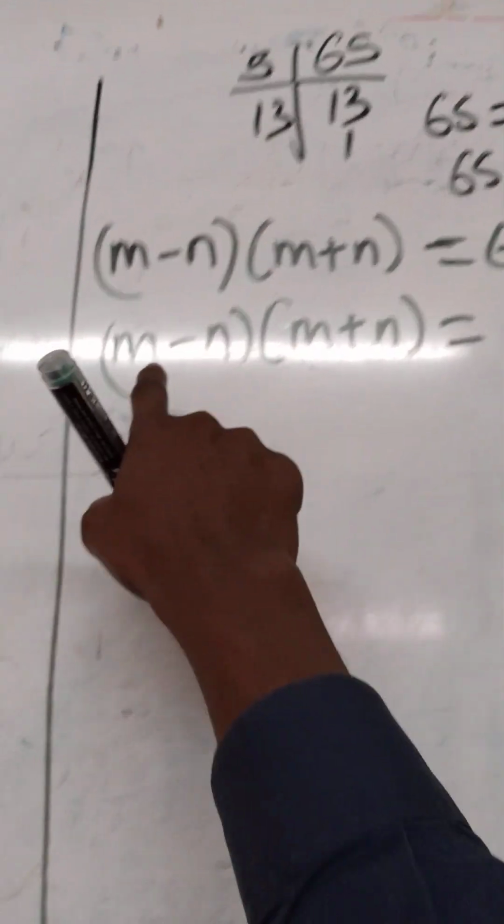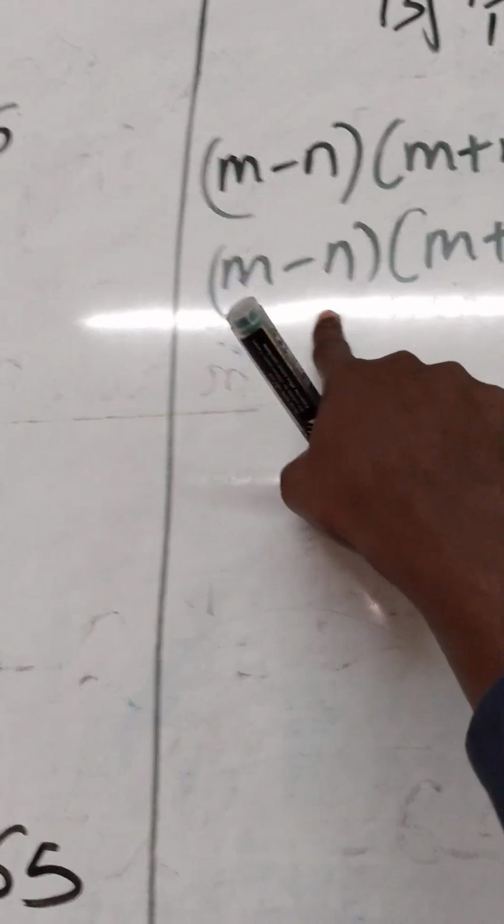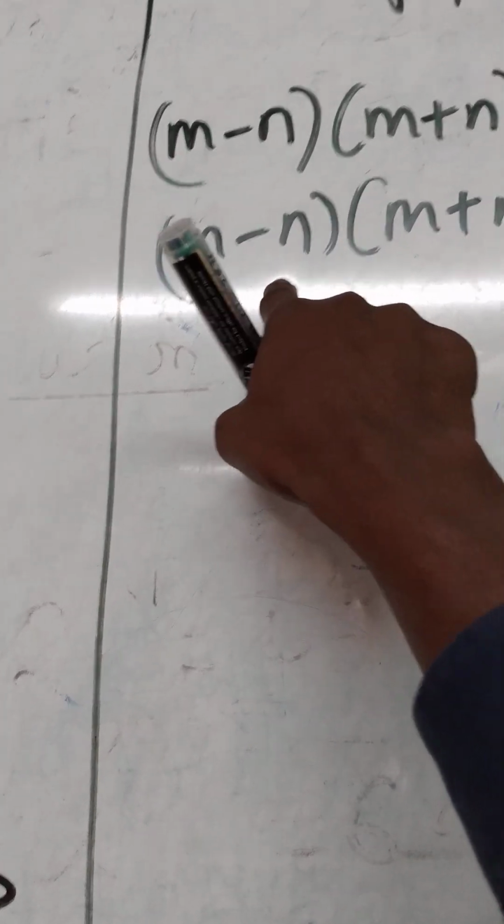Look at these two brackets. m minus n should be lower in value than m plus n.